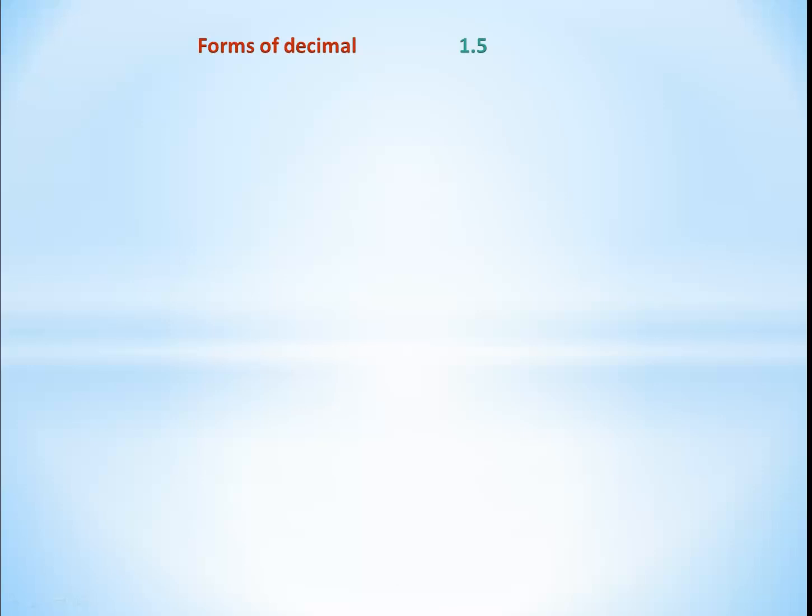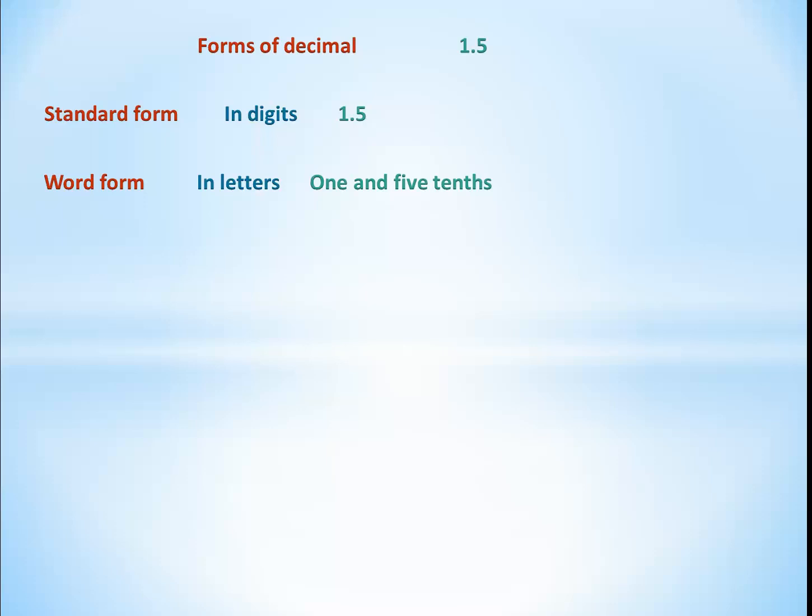How can we find the forms of a decimal? 1.5, the standard form is the one in digits, which means 1.5. Word form, we will express it in letters, like 1 and 5/10. Unit form means we are going to write the places.